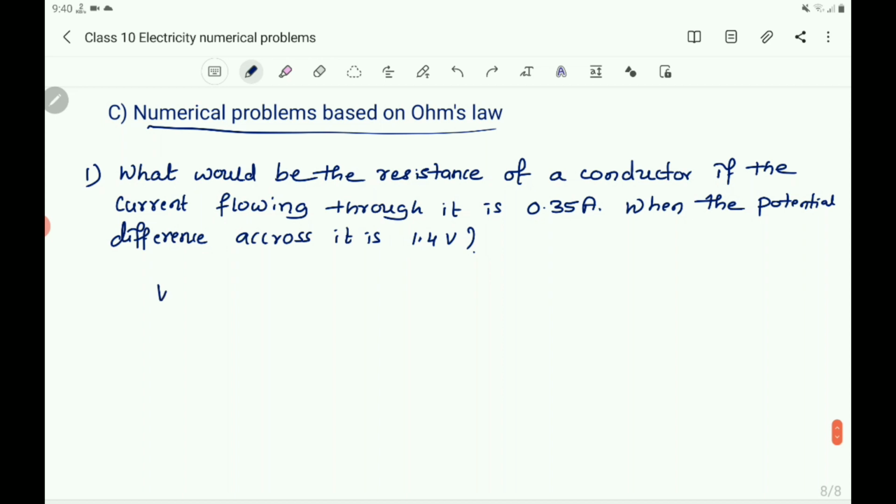So you write V equals potential difference, that is 1.4 V, and the current is given, that is I equals 0.35 A. And what we have to find out? We have to find out the resistance of a conductor, that is R equals question mark.